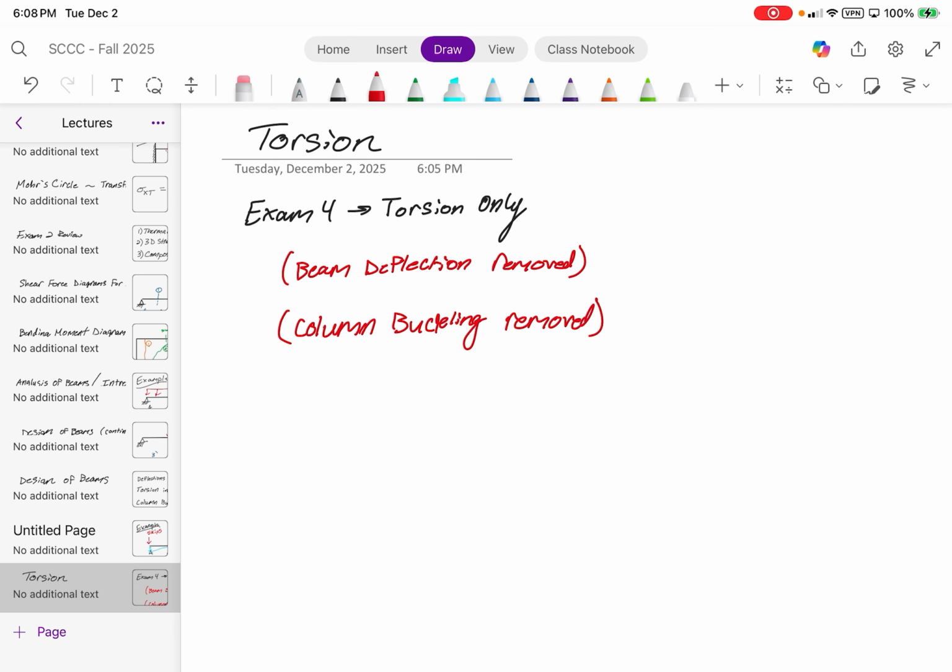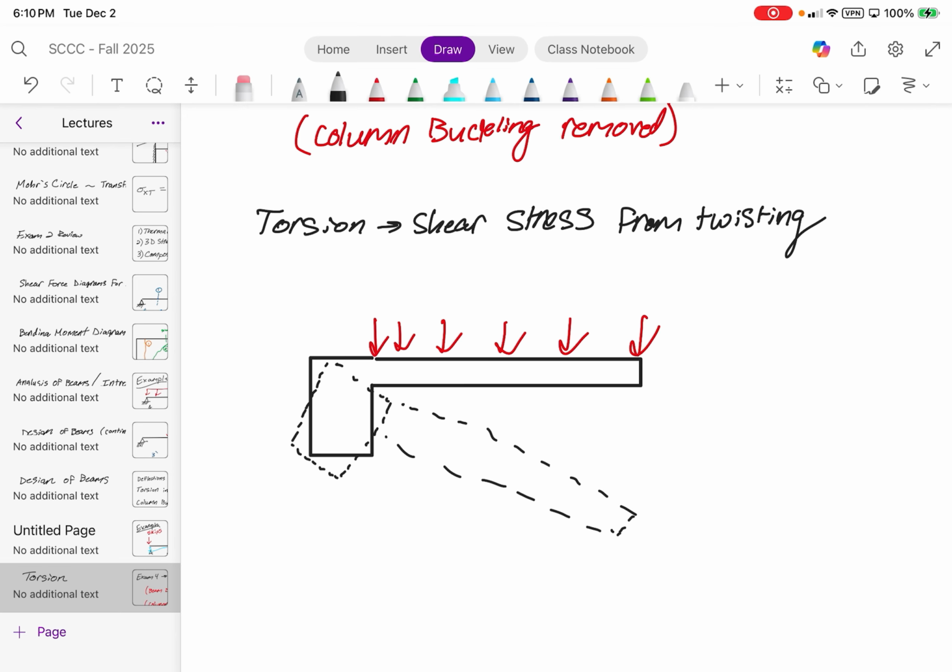But what's going to happen to this beam right here? Will it bend? Well, it will if you look at it from another perspective, but it's also going to twist. The twisting is going to look somewhat like this. Maybe it's not going to be nearly as pronounced as this, but you get the picture.